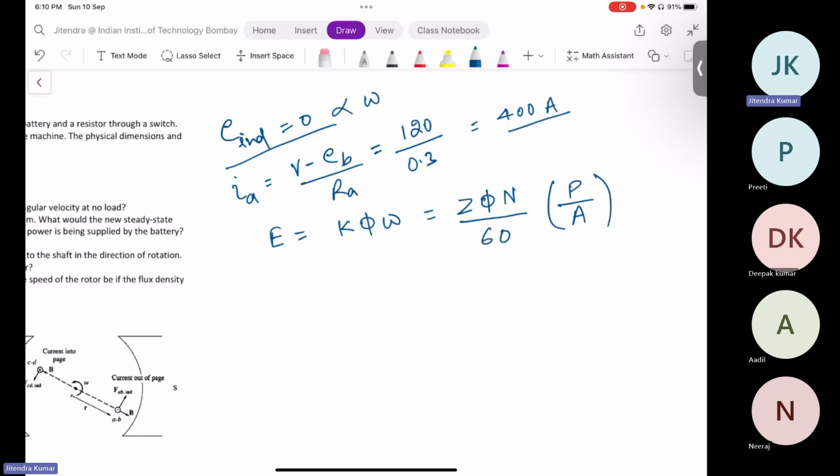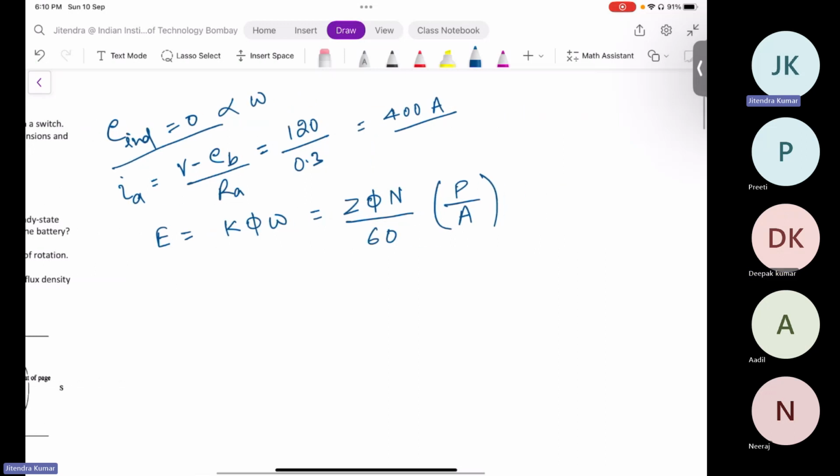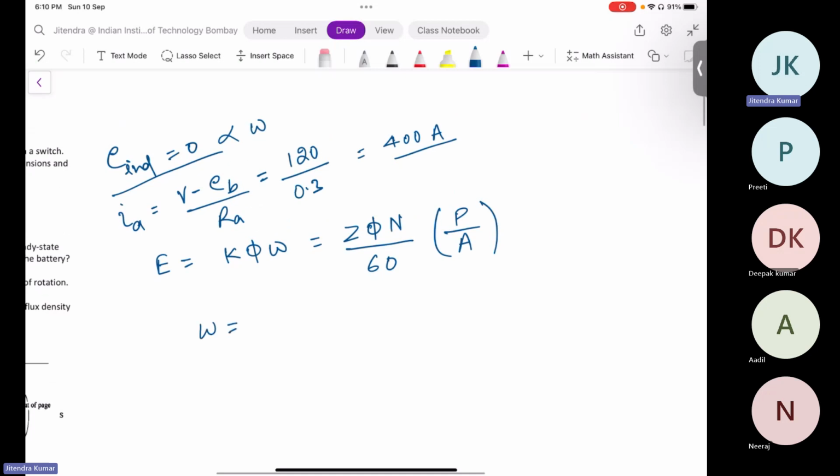Similarly, if you want to find the value of K, omega is equal to 2 pi n by 60. So n by 60 we can replace with omega by 2 pi.